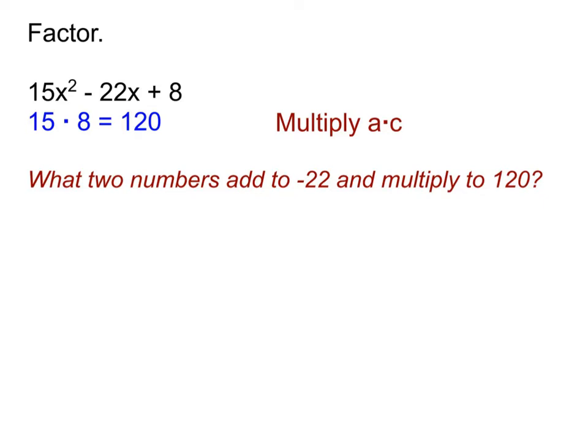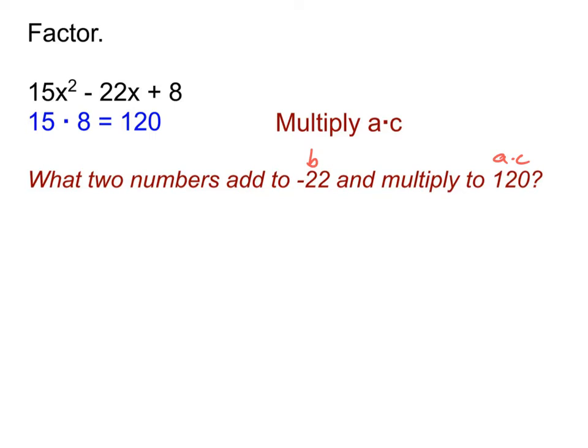It's just in this case, it's saying what two numbers add to our b value, the negative 22, but multiply to our a times c value. So it's like what we did before, except in order to do that multiply part, you're actually doing the a times c to see what to multiply to.